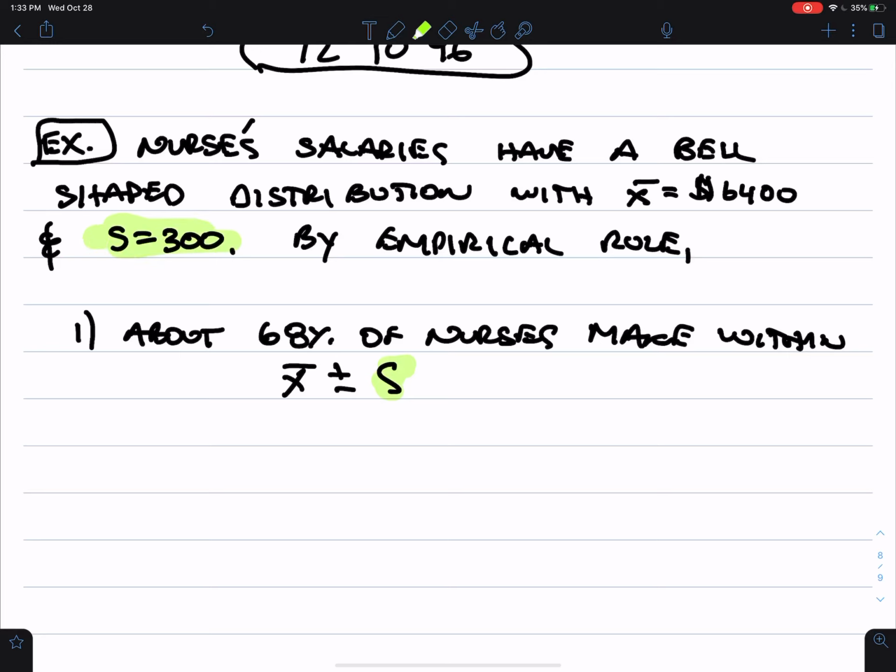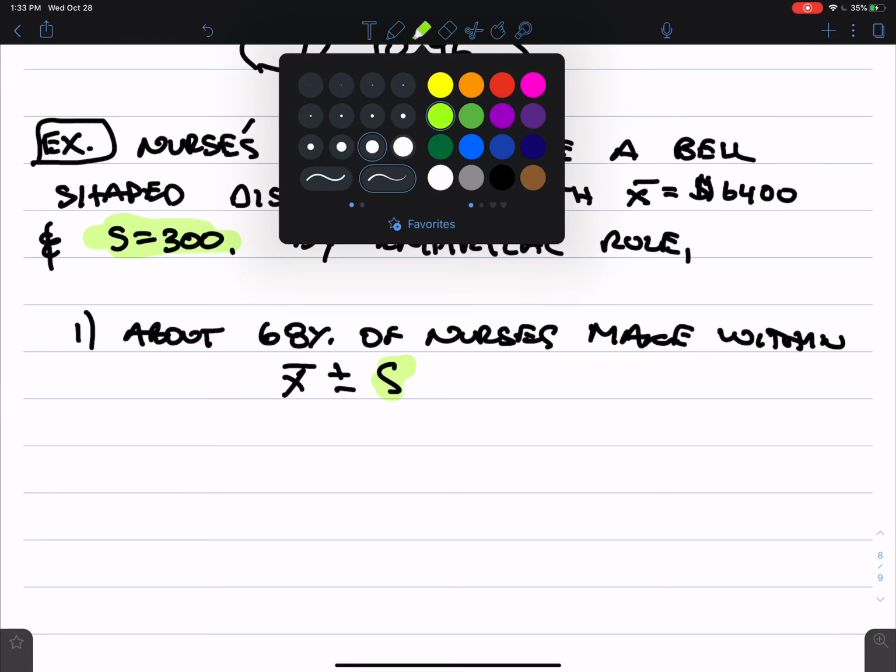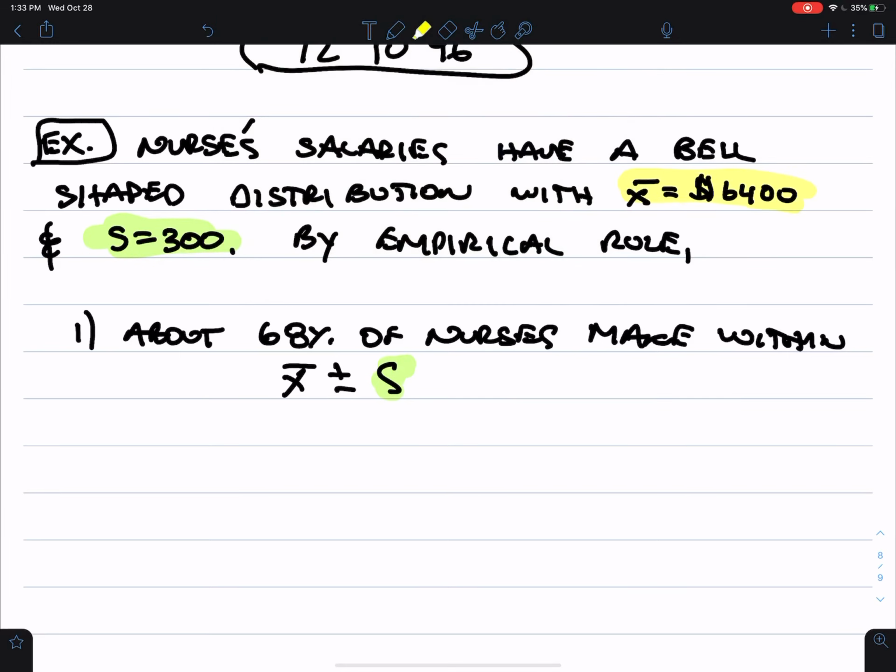Right? S is 300, x bar is 6,400. And that's 6,400 plus or minus 300. So that's 6,100 to 6,700.